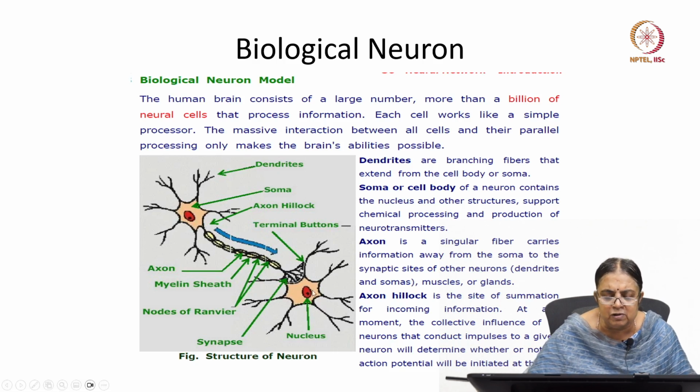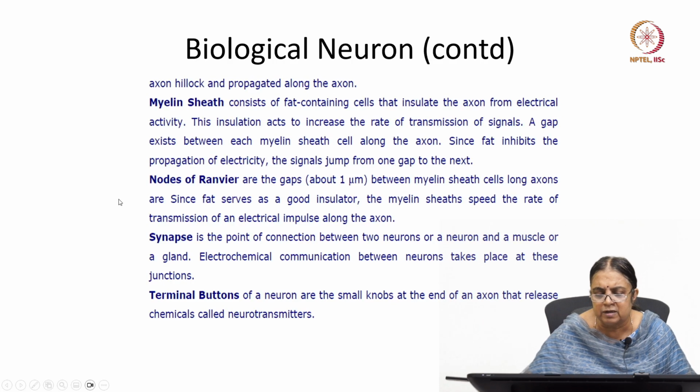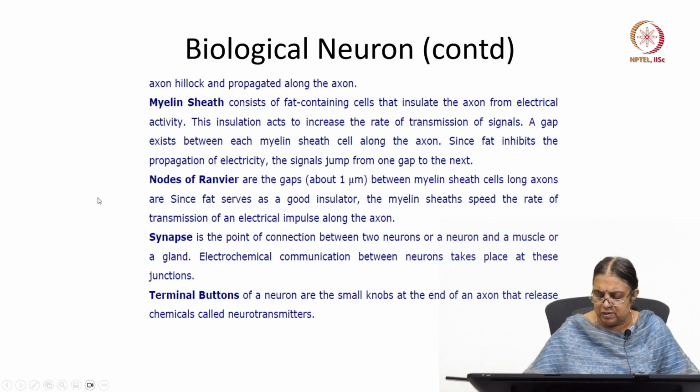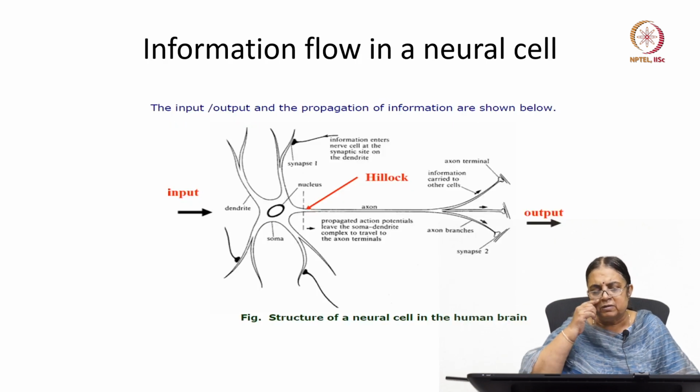So we have seen all these things, and you can see the same information is there. There's also information about other things like myelin sheath, node of Ranvier, etc. But we will not go into those, because we will go into the technical, the artificial neuron part of it.